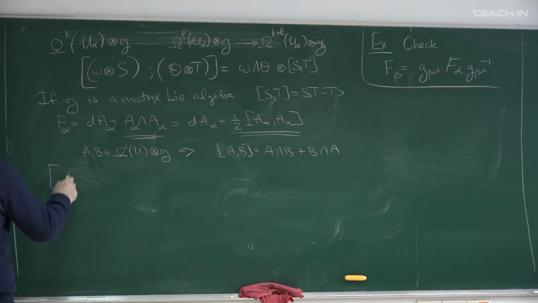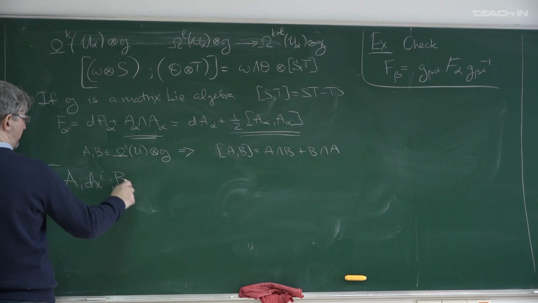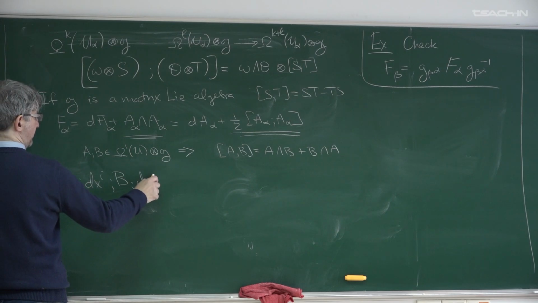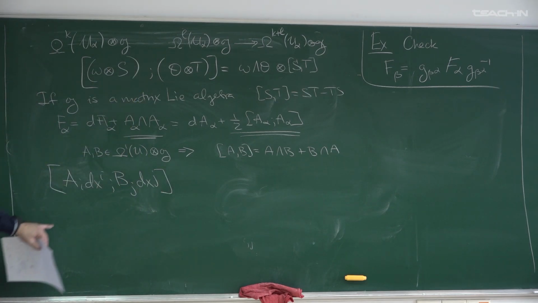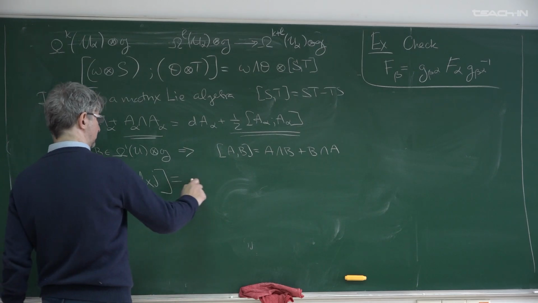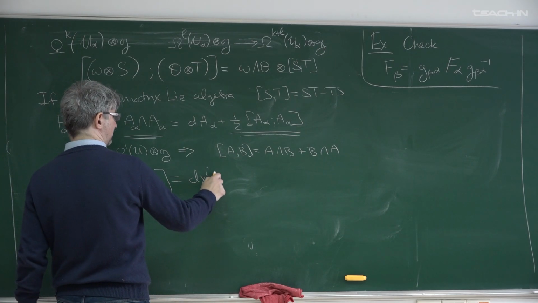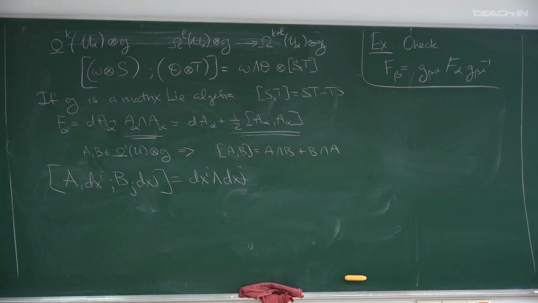Let me calculate the commutator in an explicit way. So what happens? I write here the wedge product, and then we take the commutator of matrices.